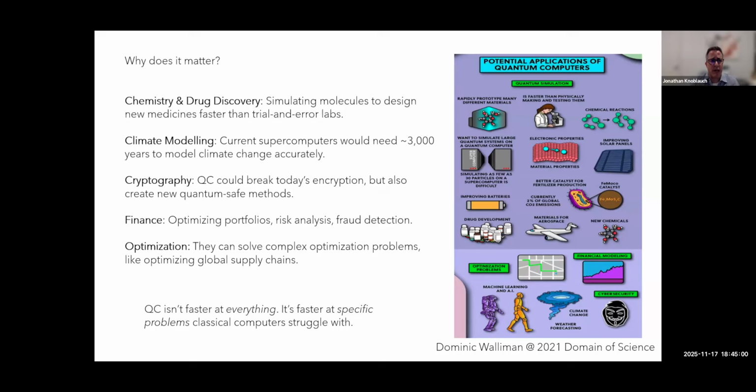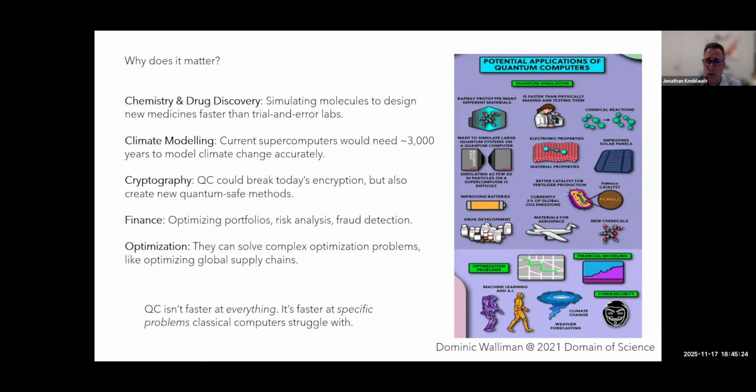Some of the areas where quantum computing can certainly make a difference are chemistry and drug discovery. They can simulate molecules to design new medicines faster than trial and error in labs. That's because nature isn't classical, it's quantum.